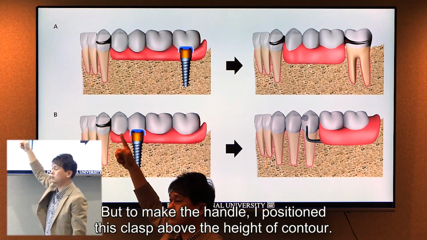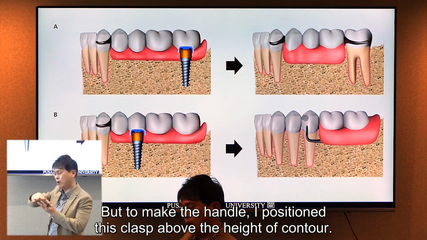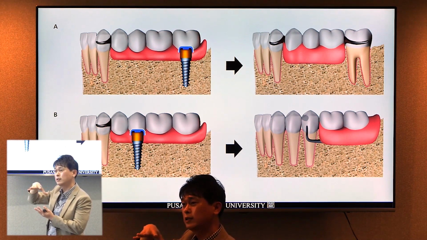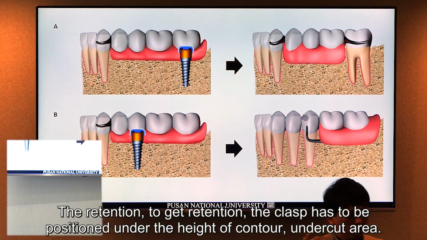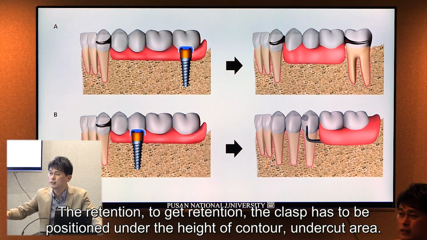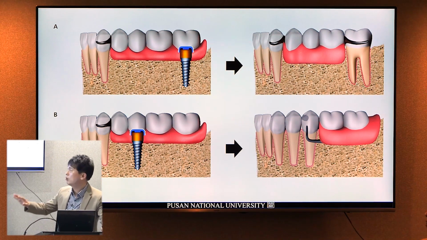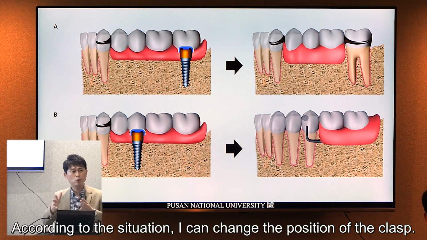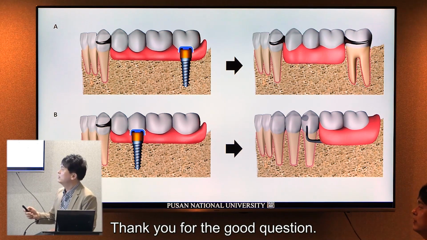But to make the handle, I position this clasp above the height of contour. To get the retention, the clasp has to be positioned under the height of contour, in the undercut area. But according to the situation, I can change the position of the clasp. Thank you, very good question.